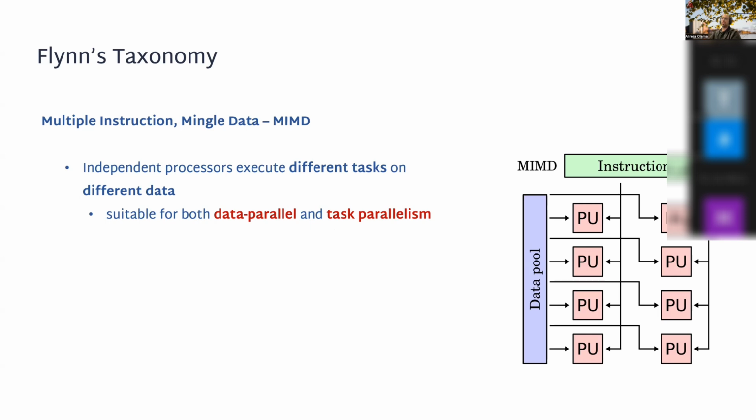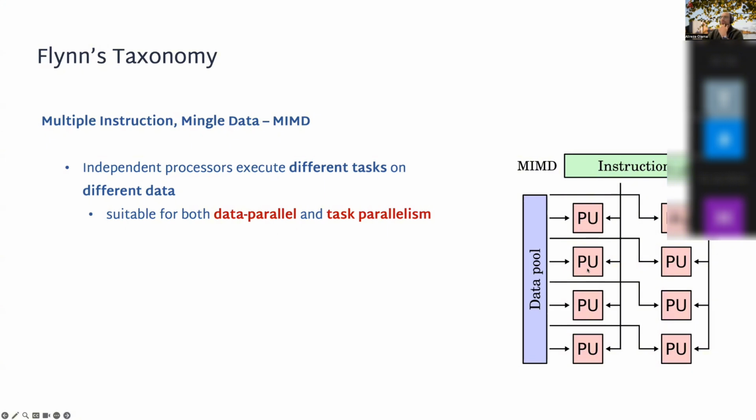So you can perform both data parallelism and task parallelism, but it's up to the programmer how to divide the tasks on these machines. So now I have a question for you. How can we use this MIMD machine for data parallel tasks? Because for task parallelism, it's kind of simple. You have different tasks, and then you deploy each task to each processing unit, right?